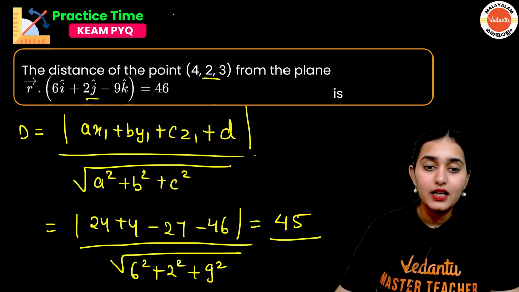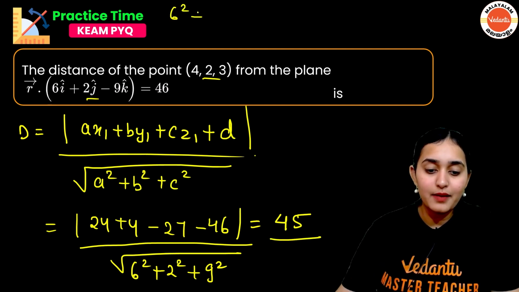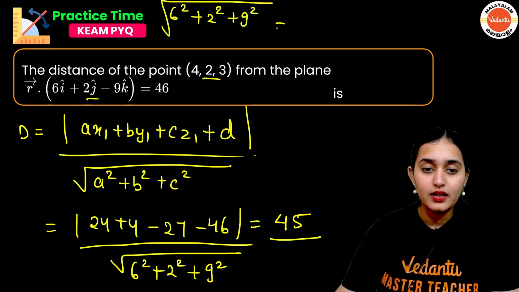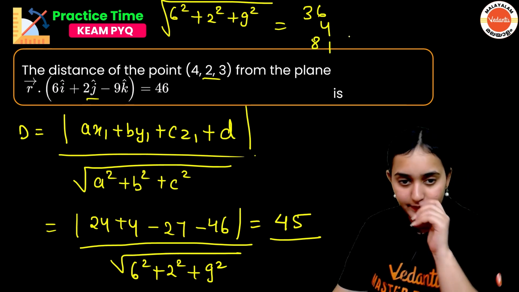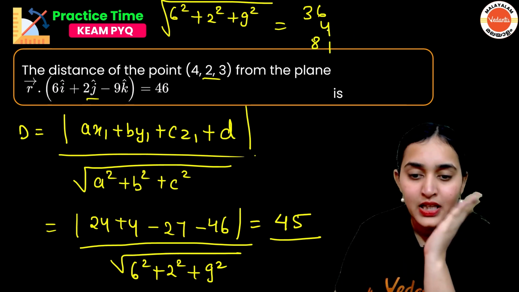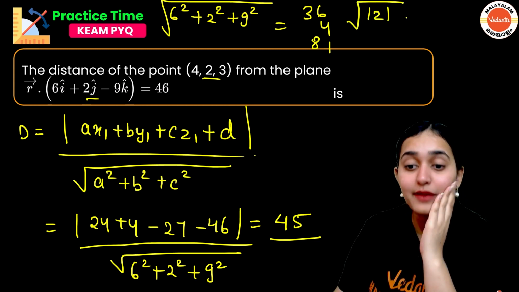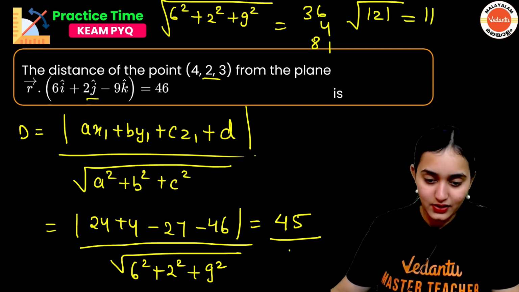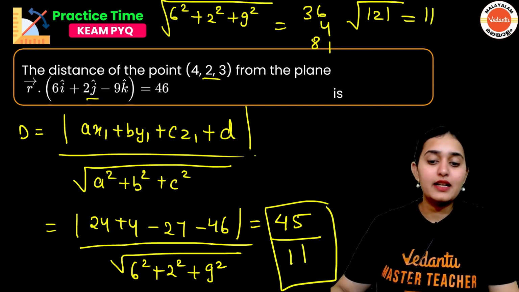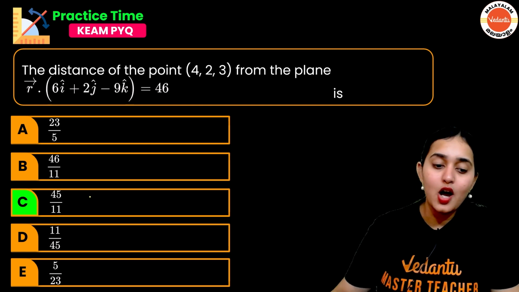Divide by square root of 6 square plus 2 square plus 9 square. 36 plus 4 plus 81. Right? So this is 121. What is the square root of 121? 11. So this is the distance, 45 upon 11. Option number C.